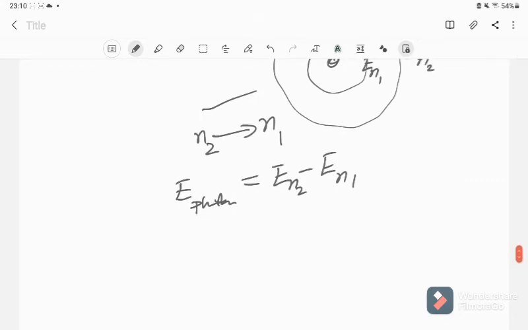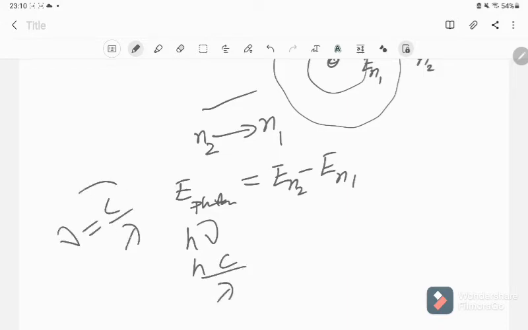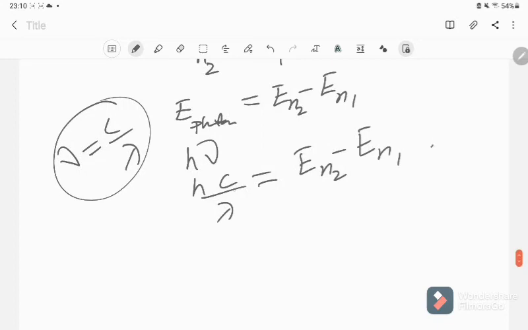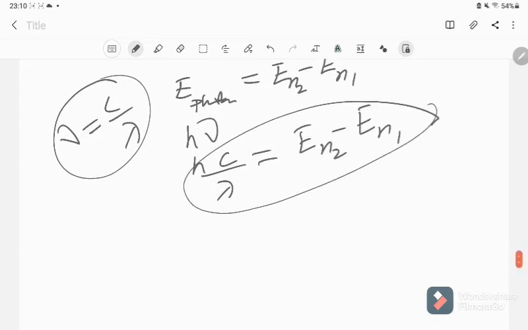So the energy formula is what? E = hν, right? Or hc/λ, because ν is c/λ. So c/λ = En2 minus En1. From here, since energies are fixed, in the first energy level the energy is fixed, right?